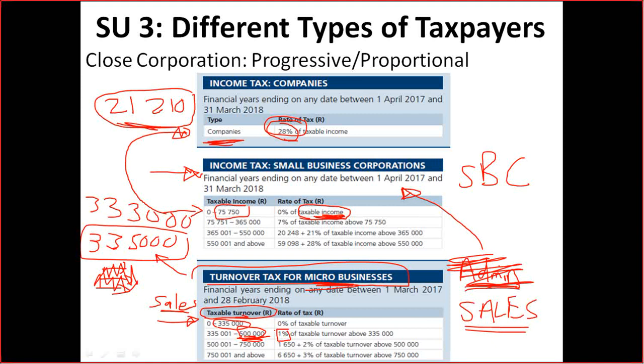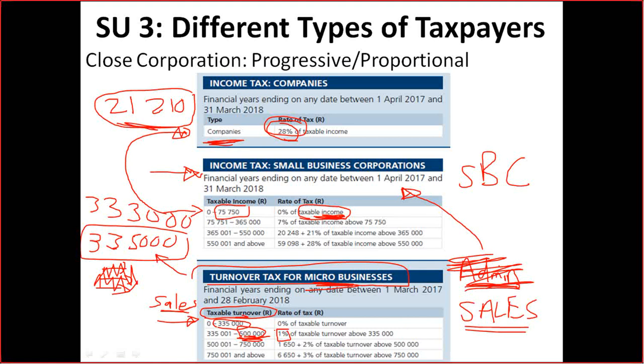Yes, sir. 5,000 Rand is nothing on 500,000, do you agree? Yes, sir. Okay, Unam, what's 28% of 500,000? It's 140,000. 140 grand. That's a lot of cameras and equipment.